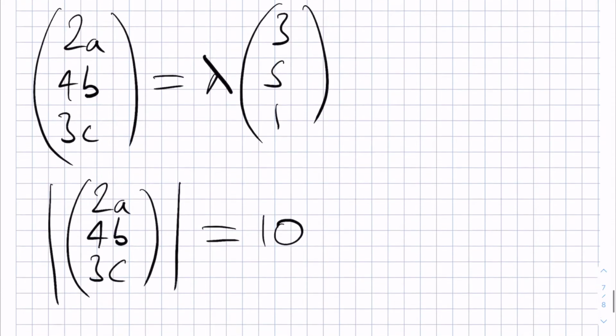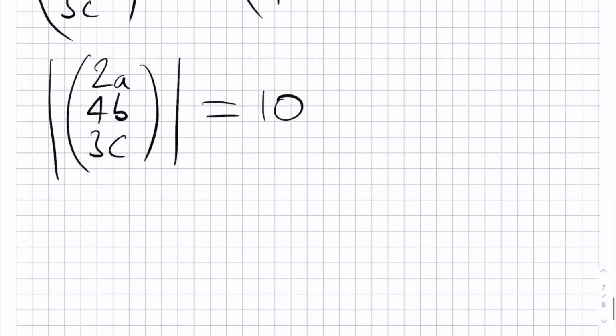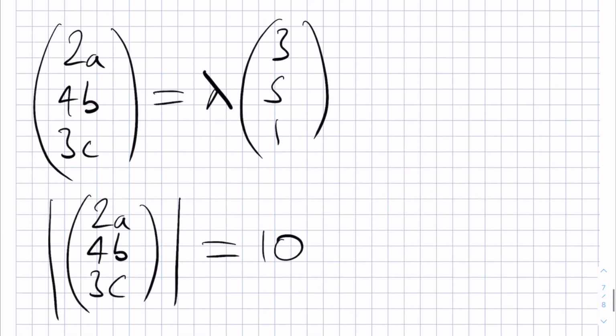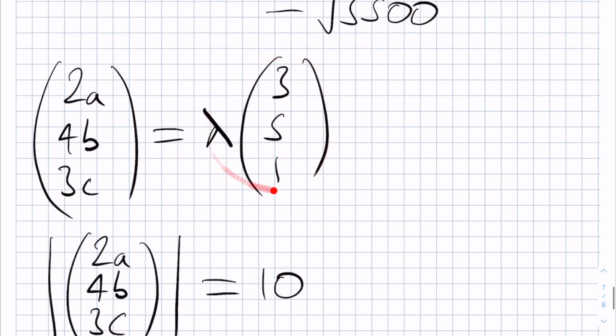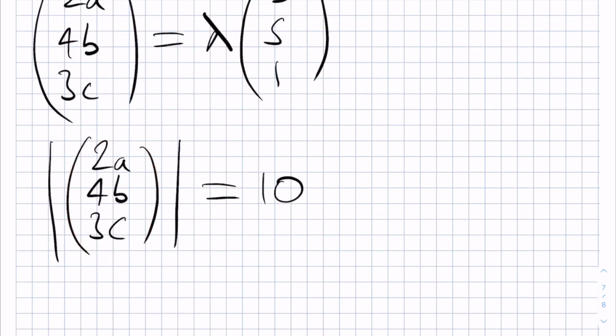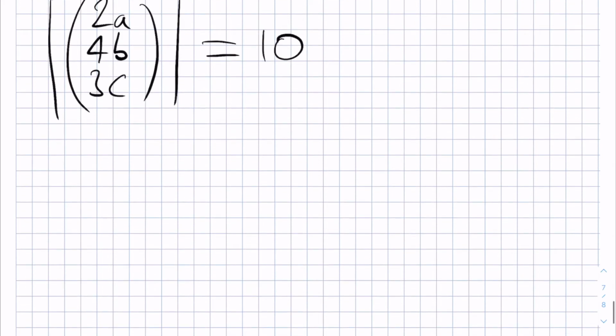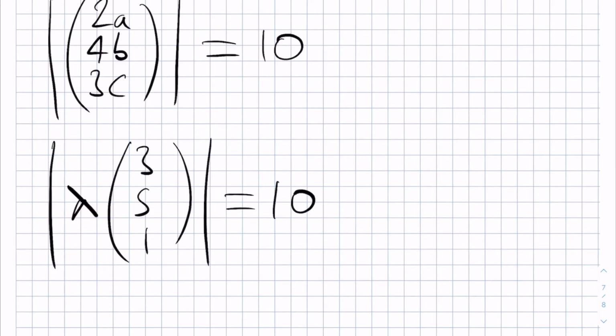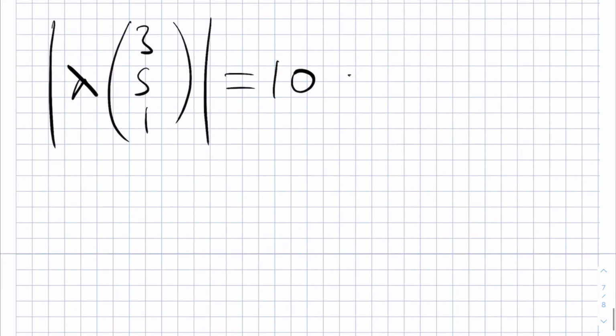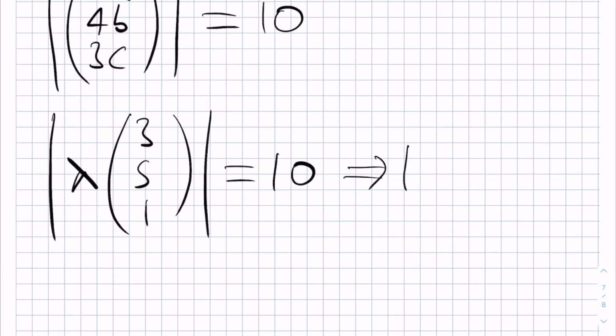This dictates what the value of lambda must be. If we use this equation here and put it into here, then we get that the magnitude of lambda times 3, 5, 1 must be equal to 10, and therefore the absolute value of lambda multiplied by root 35 from this vector, as we found earlier, must be equal to 10.